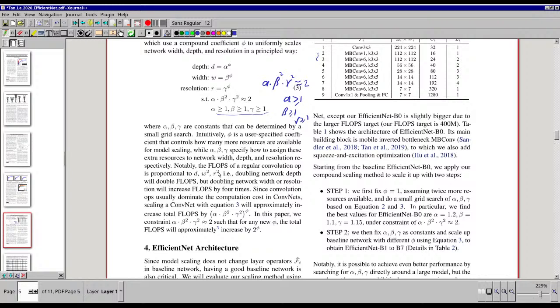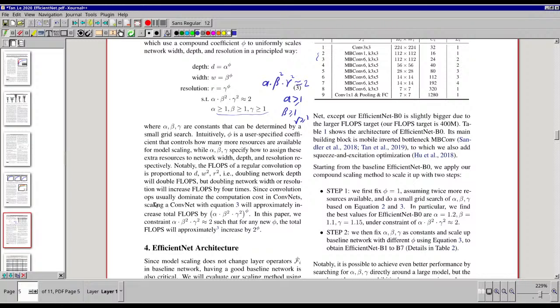Notably, the FLOPS of a regular convolution operation is proportional to d, w squared, r squared, i.e. doubling network depth will double FLOPS, but doubling network width or resolution will increase FLOPS by 4 times.